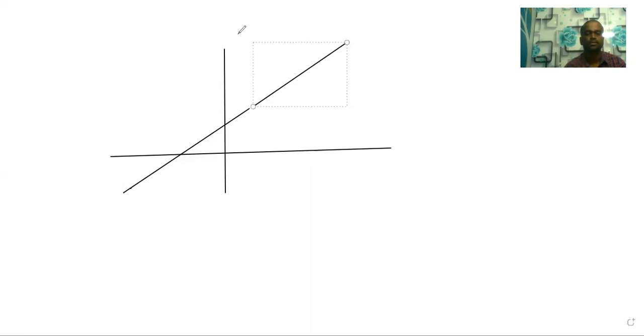I am going to draw an appropriate graph. So this will be the situation at x equal to 2. What does the graph of the function at x equal to 2 have? A hole.